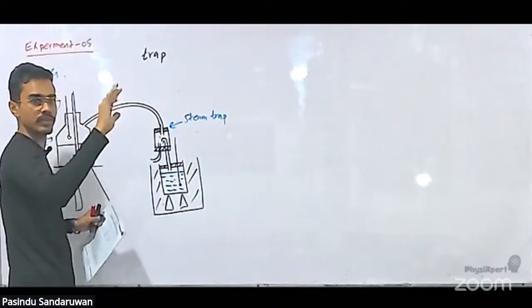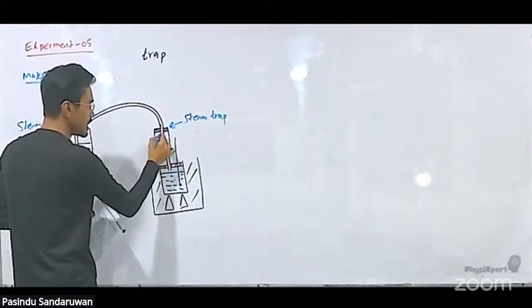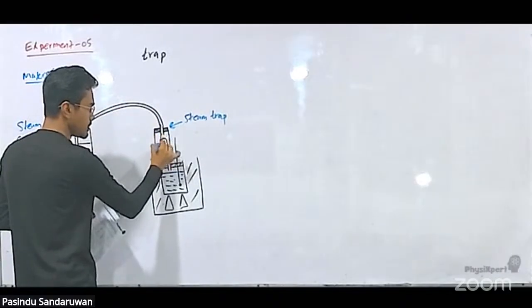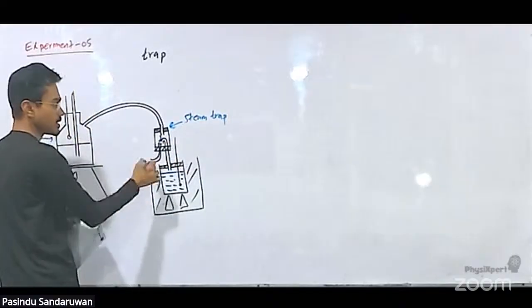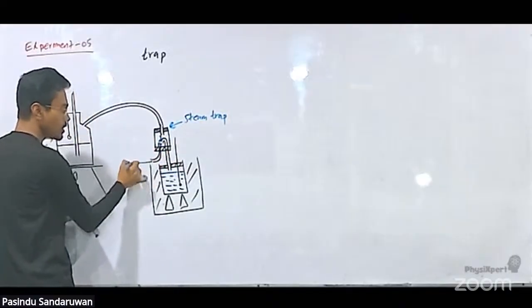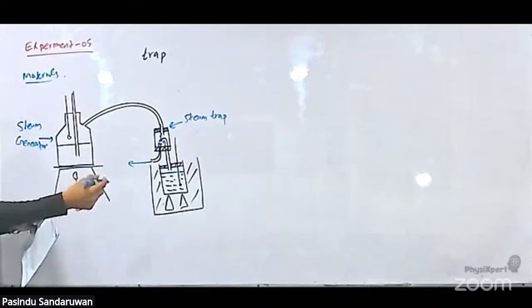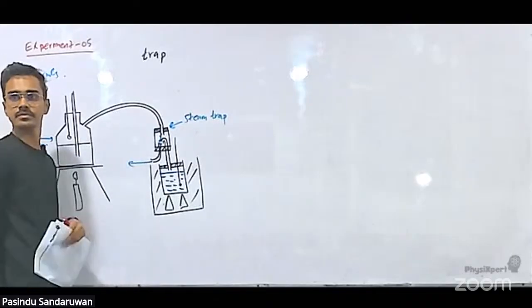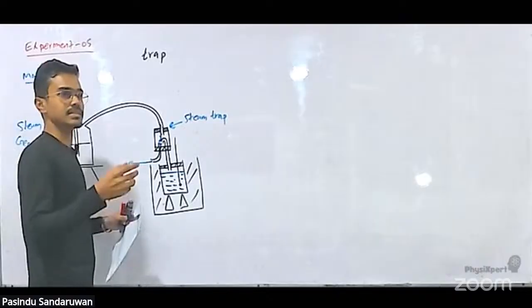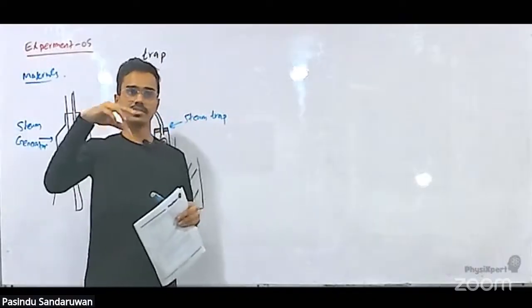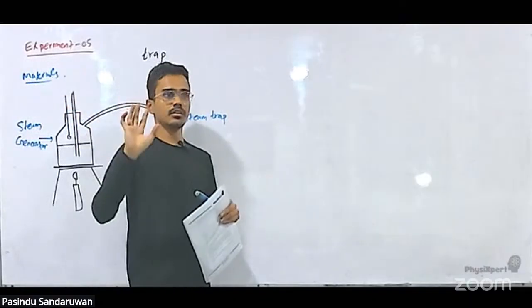Steam keeps flowing, and the water falls down. For this water to go out, this outlet is there. And since steam is a gas, it flows.